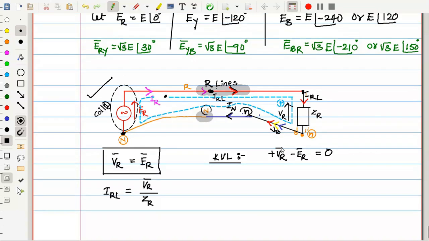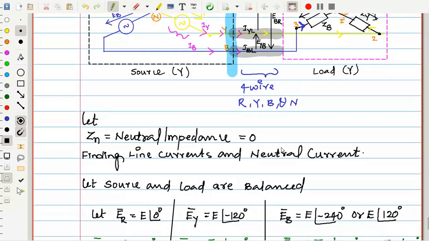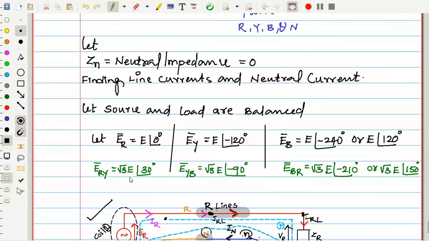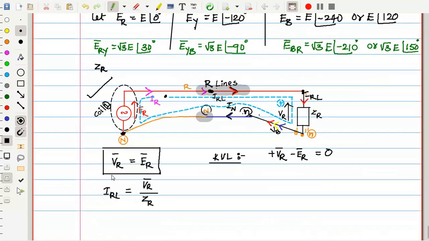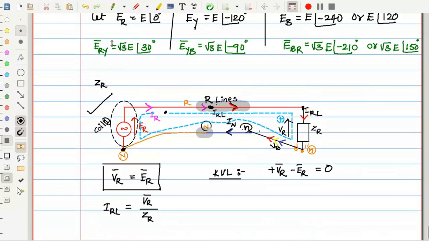Since we assumed a balanced load, somewhere I had written here, let me put up the load values as ZR is equal to ZY is equal to ZB is equal to Z at an angle theta. So this is a balanced load.